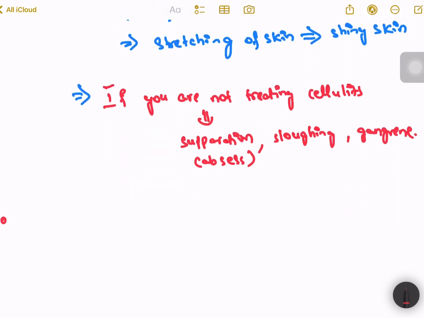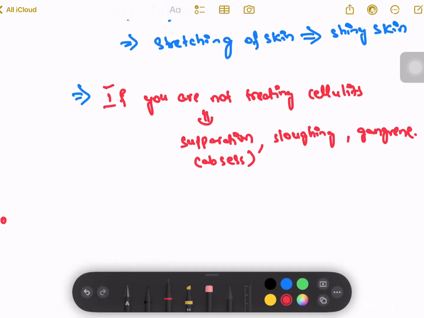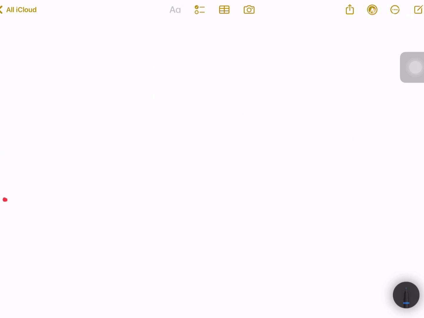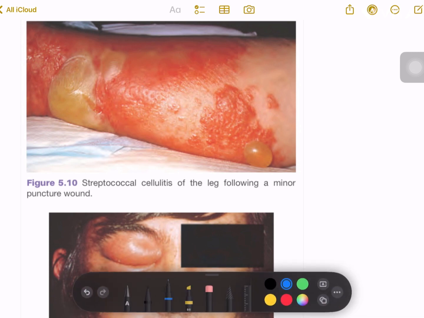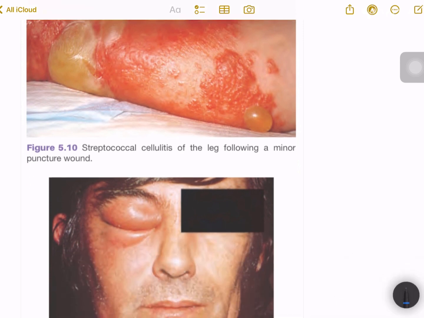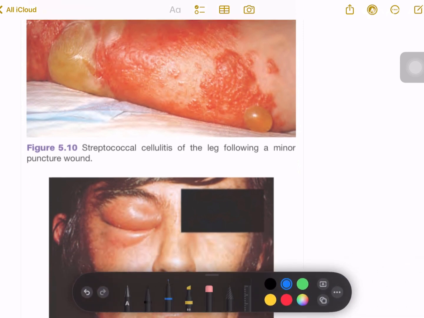So next are the complications. But before going to the complications, we see the images of cellulitis. These are the images of cellulitis taken from the standard book Bailey and Love.